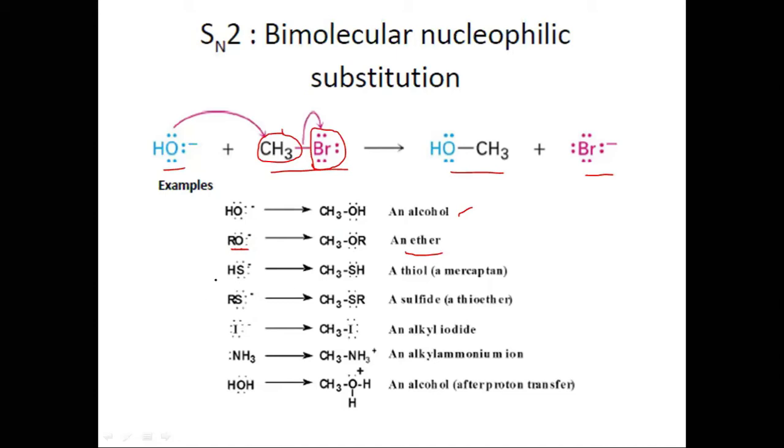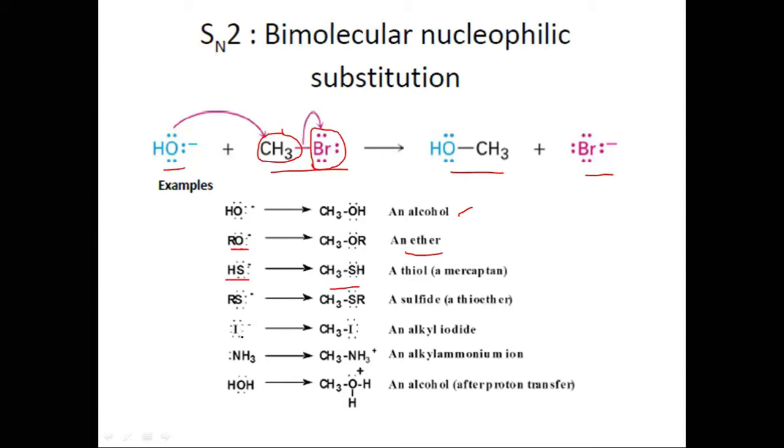If you use HS minus, it attacks the carbon which is carrying the leaving group, and you will get a thiol, that is a mercaptan. If you use RS minus, you get CH3SR, a sulfide.